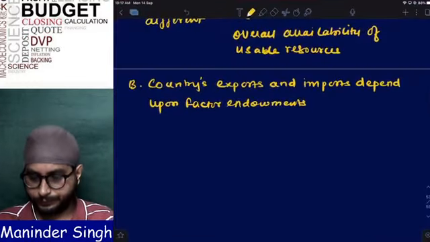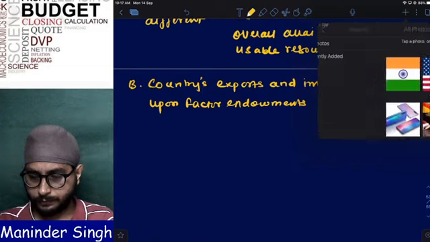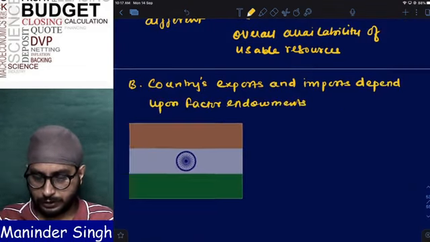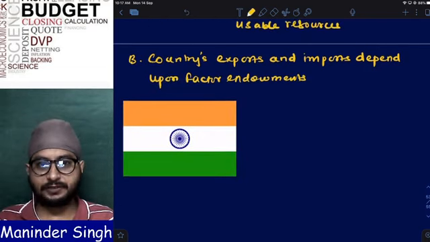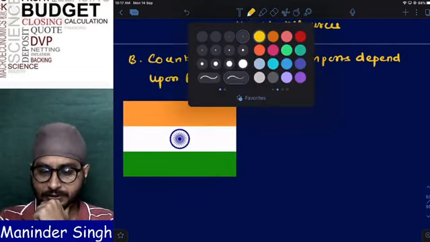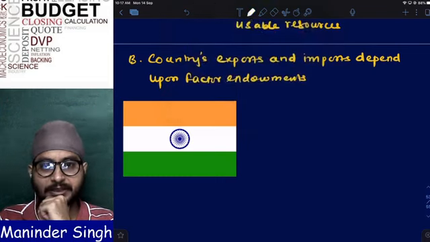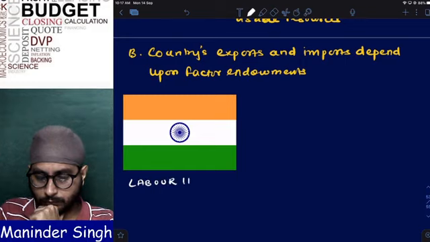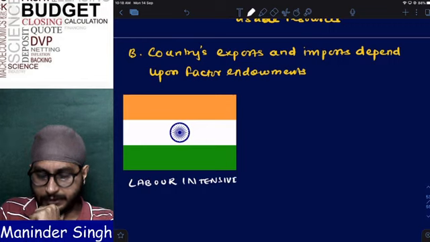Coming back here. Now tell me, is India a labor intensive country or capital intensive country? Simple example. Labor intensive, right? It's a labor intensive country.